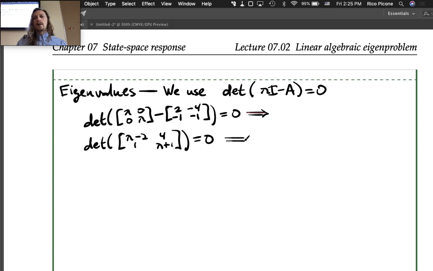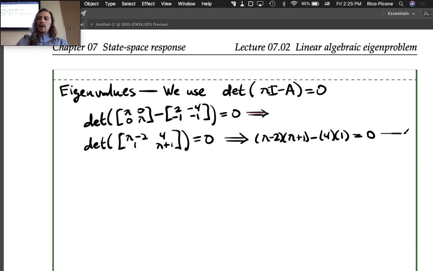We can compute the determinant. We should know how to do the determinant of a 2x2, 3x3, 1x1. So we have lambda minus 2 times lambda plus 1, minus 4 times 1 equals 0.